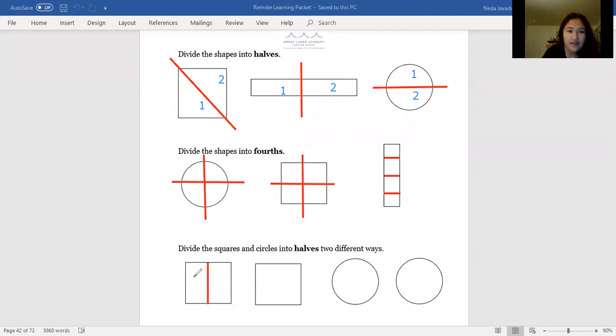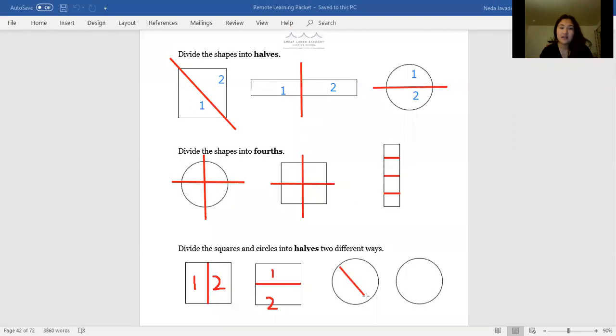Okay, so I'm going to divide the square in 1 and 2 equal parts that way. I can also divide a square into 2 equal parts or into halves like this. And now I have 1, 2. Raise your hand if your pictures look something similar to mine. Nice job. Now let's try it on the circle.